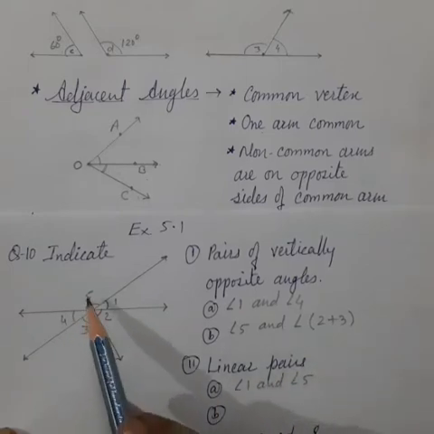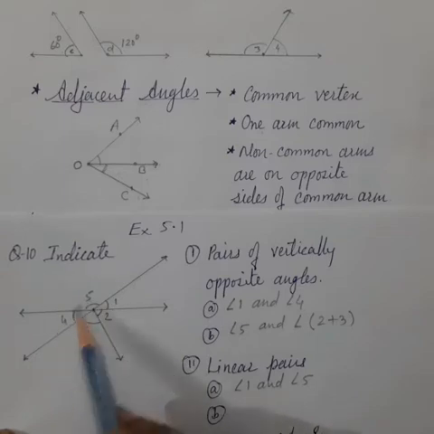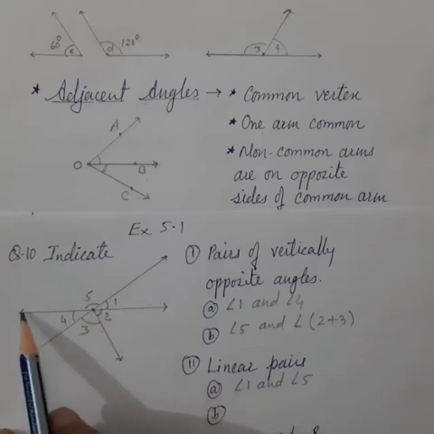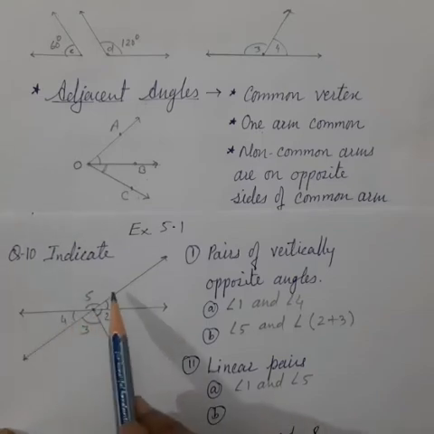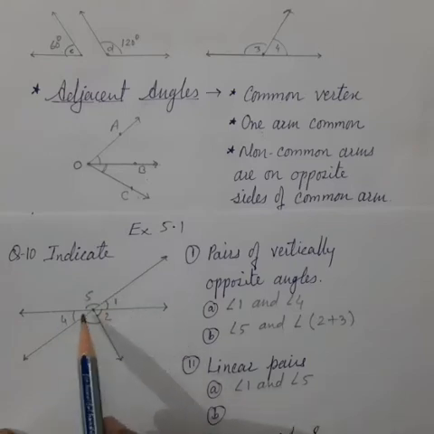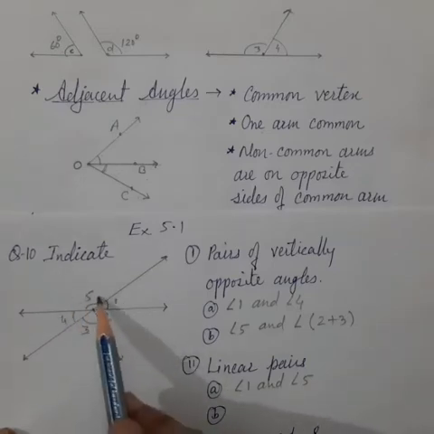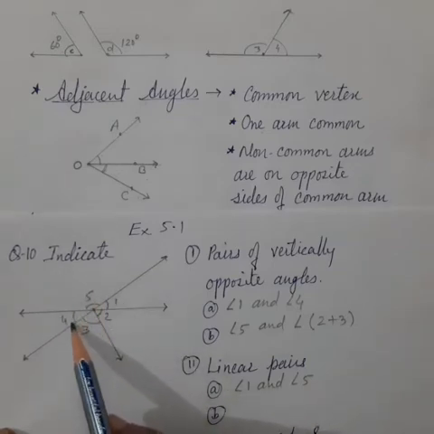The other pair, angle 5 and 4. This angle and this angle are also adjacent because the vertex is common, one arm is common, and non-common arms are on opposite sides of the common arm. Together they are forming a straight angle, so these angles are supplementary also.